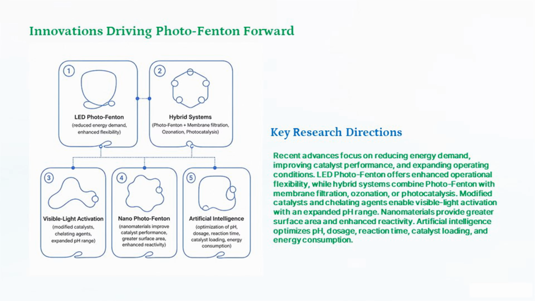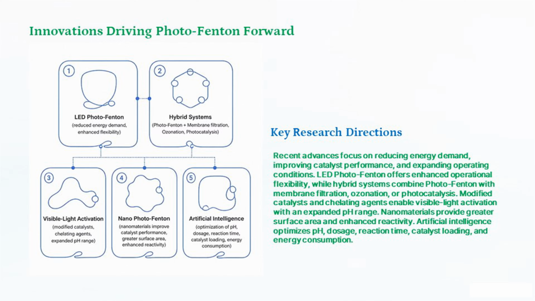Research in Photo-Fenton technology is advancing rapidly. Scientists are developing modified catalysts that work efficiently under visible light and over a wider pH range. Nanomaterials are being incorporated to increase catalyst surface area and improve reaction efficiency. Researchers are also combining Photo-Fenton with membrane filtration, ozonation, and photocatalysis to create hybrid treatment systems with even higher removal efficiencies.